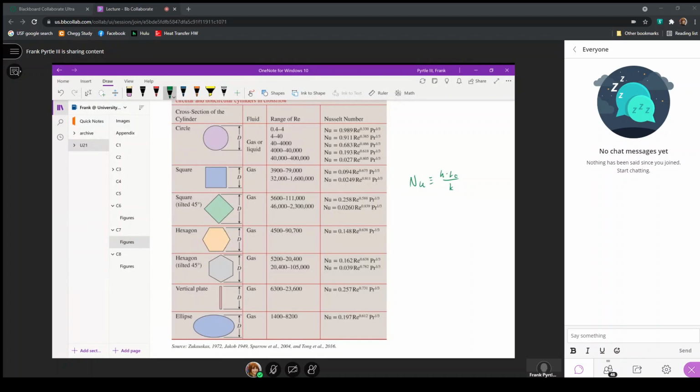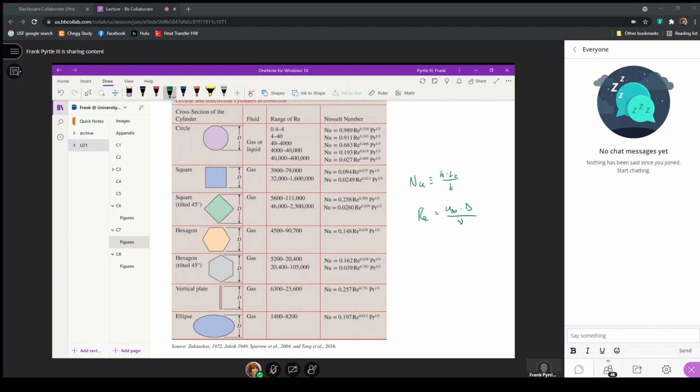Now, these D's that are specified are just expressions, since these are not actually diameters. Recall that the Reynolds number for a cylinder is still going to be the free stream velocity times the diameter divided by the kinematic viscosity.